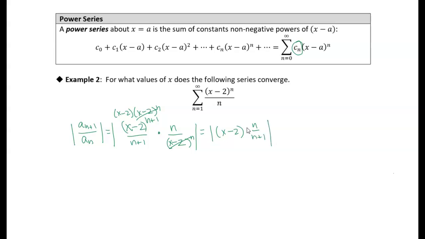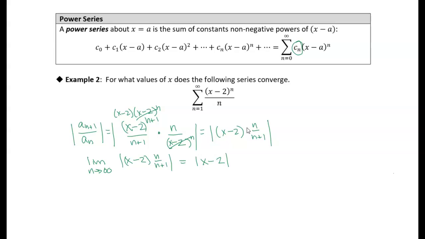All right. So now we want to look at the limit as n goes to infinity of x minus 2 times n over n plus 1. Now, n over n plus 1 just goes to 1, right? And so what we end up with is just the absolute value of x minus 2, okay?